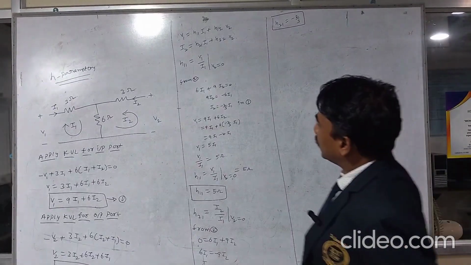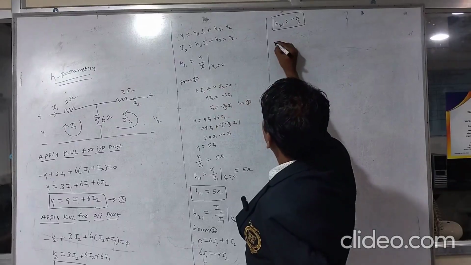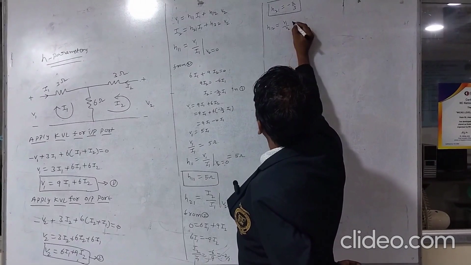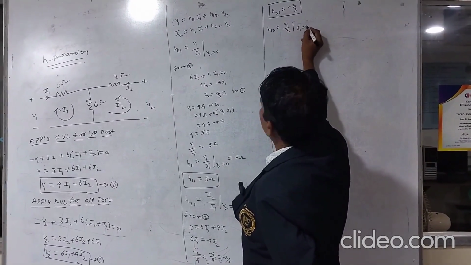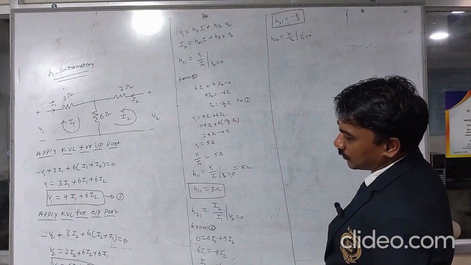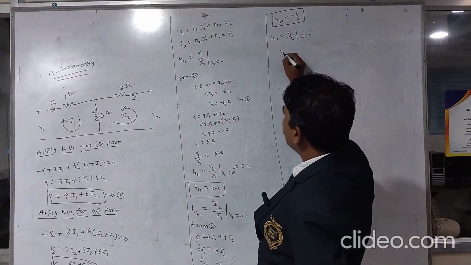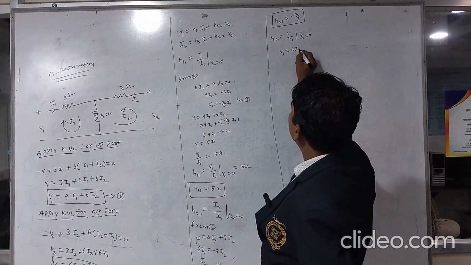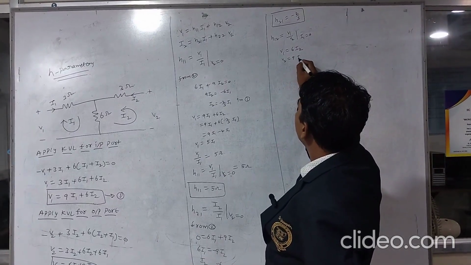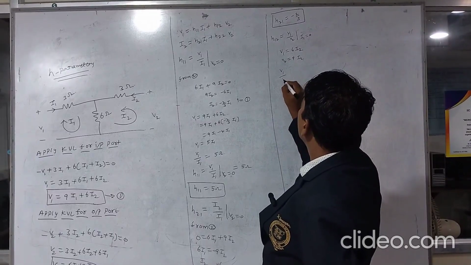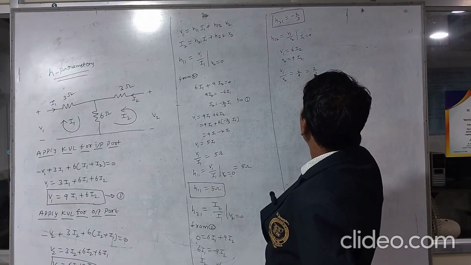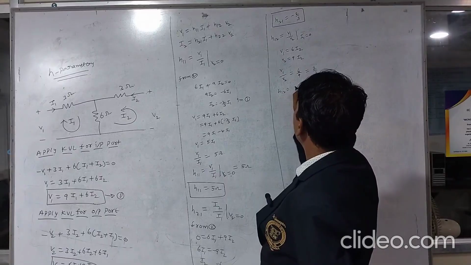Okay. And then to determine H12, V1 by V2, where I1 equal to 0. So by placing I1 equal to 0 in equation number 1 and equation number 2, V1 equal to 6I2 and V2 equal to 9I2, so V1 by V2, H12 equal to 2 by 3.